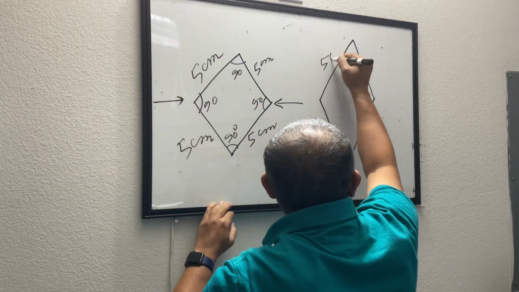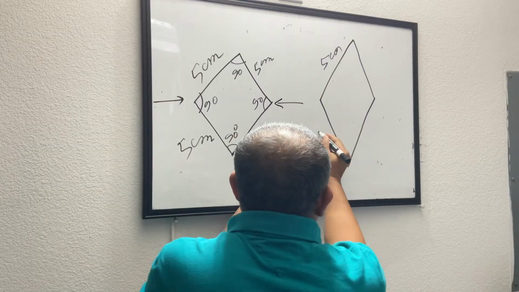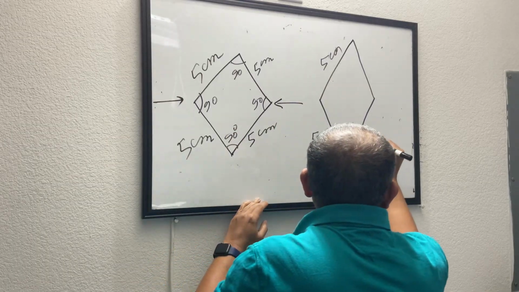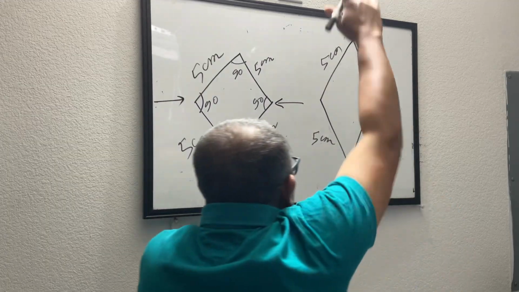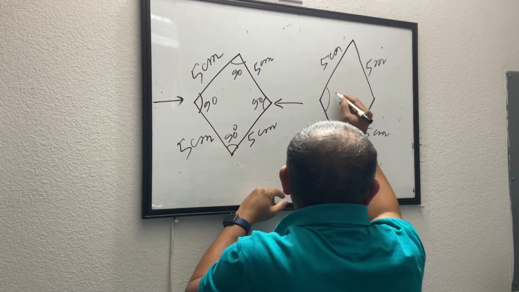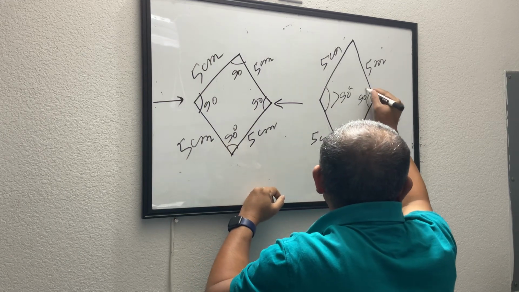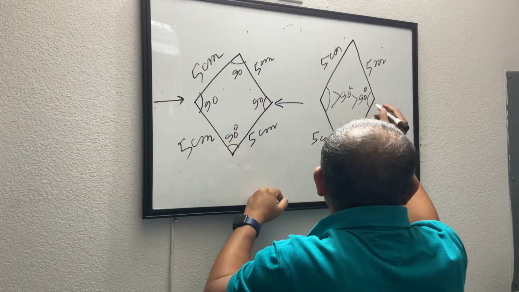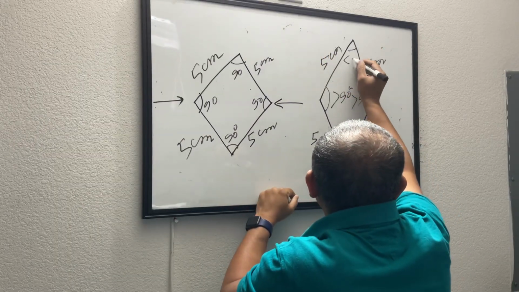The sides remained the same. I could not make the sides shorter. Everything remained the same. Only it became thinner and taller. So this angle which was 90 degrees before became bigger than 90 degrees, where I was pressing it, and the other two corners which I did not touch became smaller than 90 degrees.